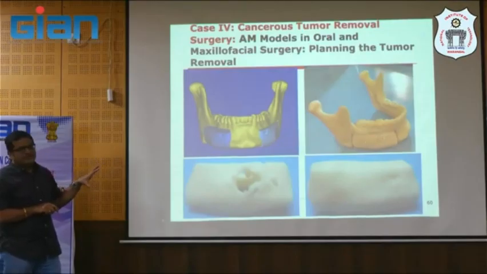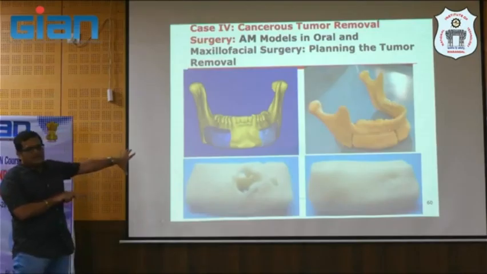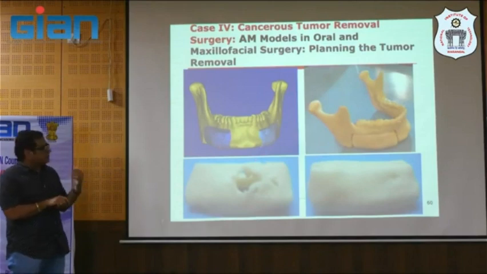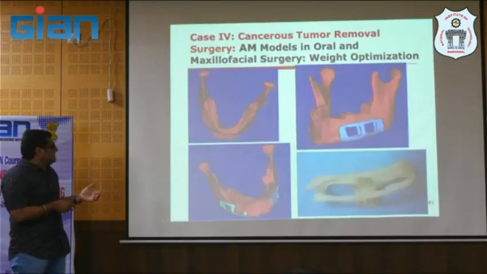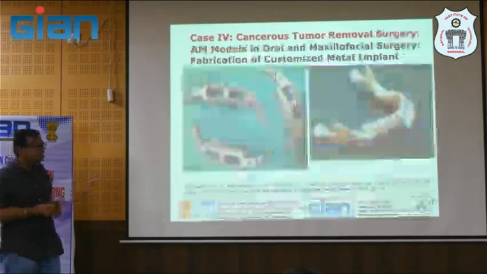So what is the size of that implant? We can do all that in software, initially designing it, modeling it, taking the surviving side as assistance, and we can do a mirror, right? And then you can make use of this model, cut it, and finally design an optimal implant for this case.